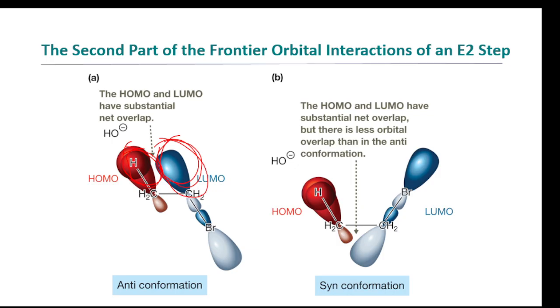Right here, the HOMO and LUMO do have a substantial overlap, but what do we notice about this overlap? Is it as substantial as over here? Okay. So this is the overlap in electron transfer that would have to happen if we were to get the syn conformation, these on the same side. Okay. And so which overlap do you think is more likely?